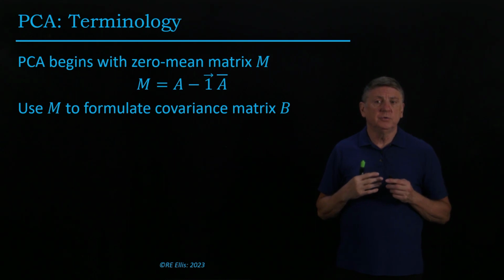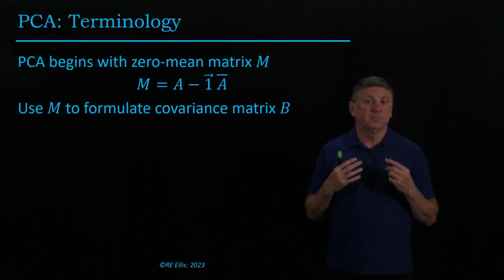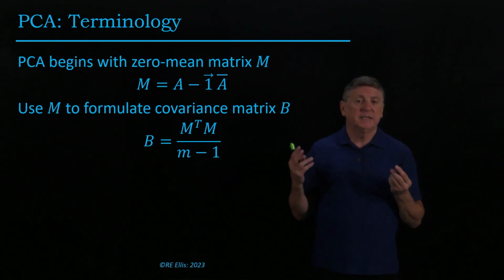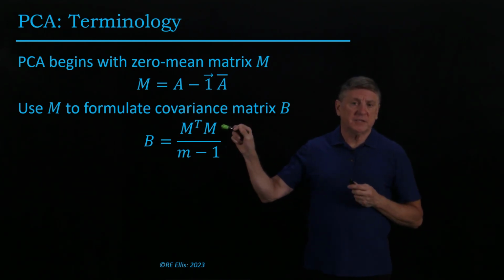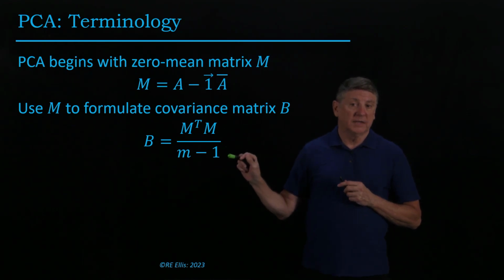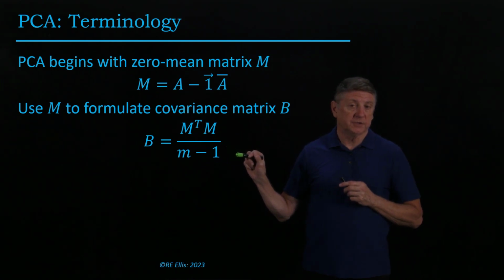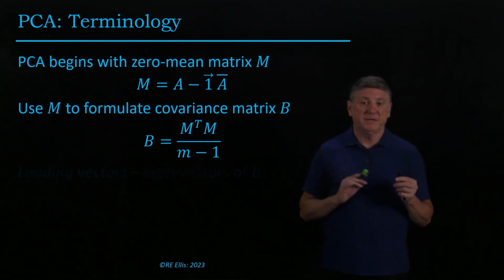So we can use this zero mean matrix to formulate the covariance matrix. And the covariance matrix is defined as the transpose of the zero mean times the zero mean, and then we divide by one less than the number of original observations. So this is the covariance matrix.